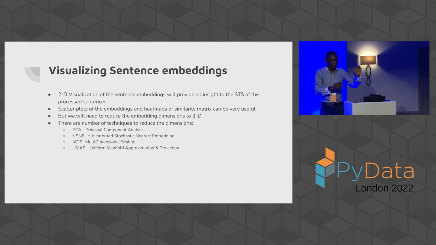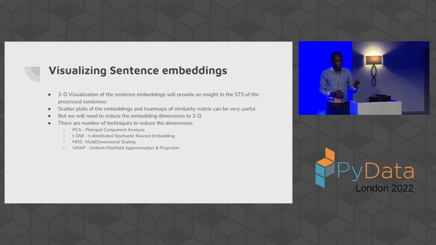I've used PCA, multi-dimensional scaling (MDS), and another popular one, t-SNE, t-distributed stochastic neighbor embedding. I also saw another one, UMAP. I'm going to quickly walk you through what those are.